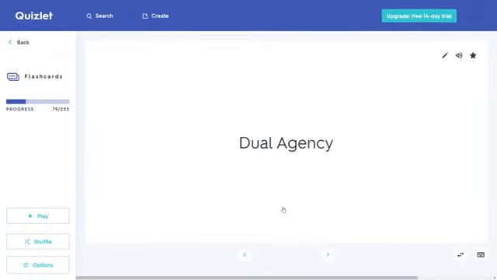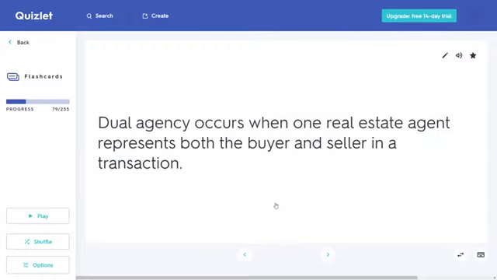All right, next one, dual agency. Okay, so dual agency, you might be thinking, oh, well, dual means two, maybe two agents work on the same project. Well, no, it's a little bit different than that. Dual agency occurs when one agent represents both the buyer and the seller in a transaction.